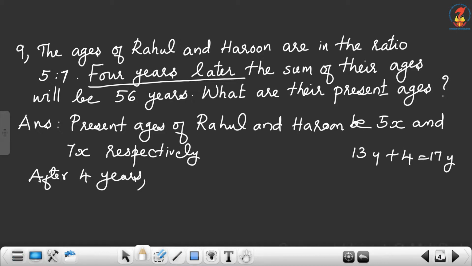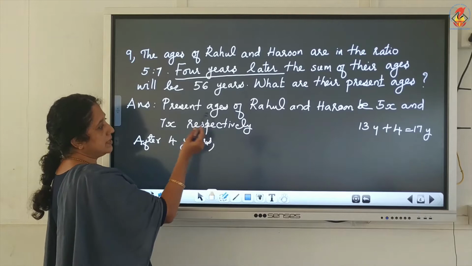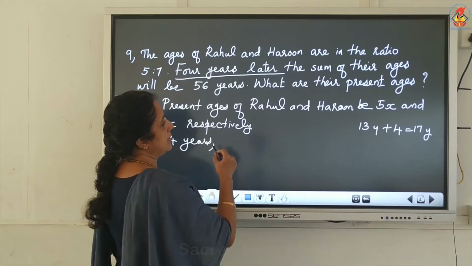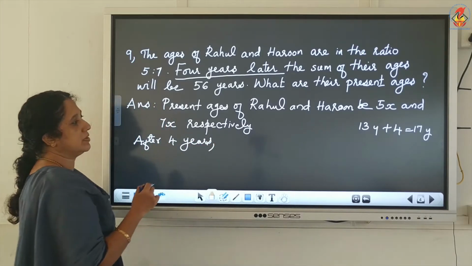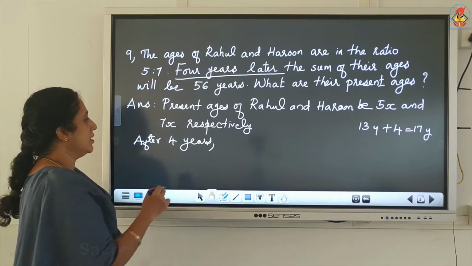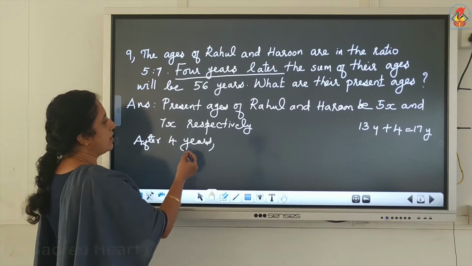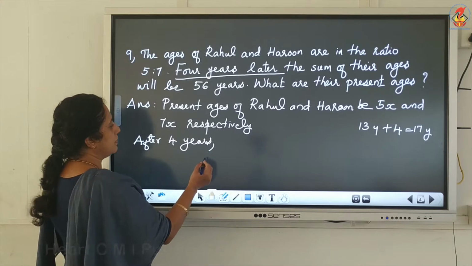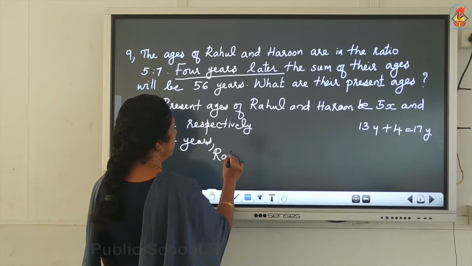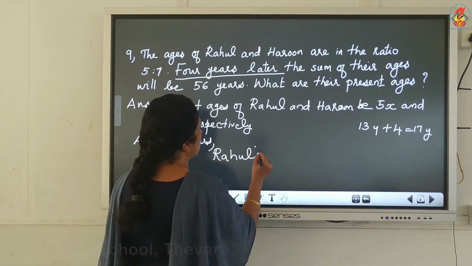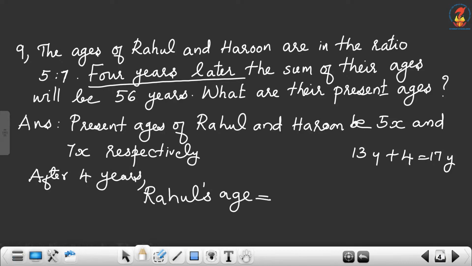Similarly, the present age of Rahul is 5x and the present age of Harun is 7x. You have to find their ages after 4 years. After 4 years, Rahul's age: present age is 5x, and after 4 years it will be 5x plus 4, 4 more than 5x.